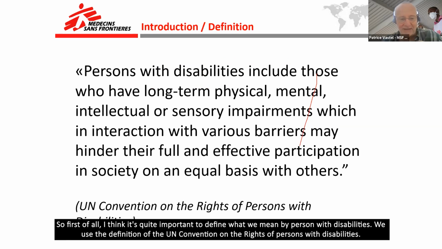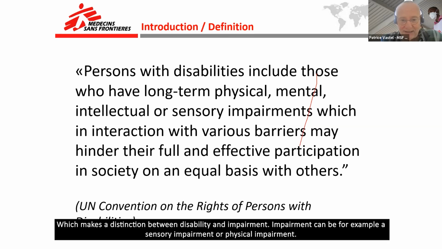First of all, I think it's quite important to define what we mean by person with disabilities. We use here the definition of the United Nations Convention on the Rights of Persons with Disabilities, which makes a distinction between disability and impairment. An impairment is, for example, a sensory impairment or a physical impairment.